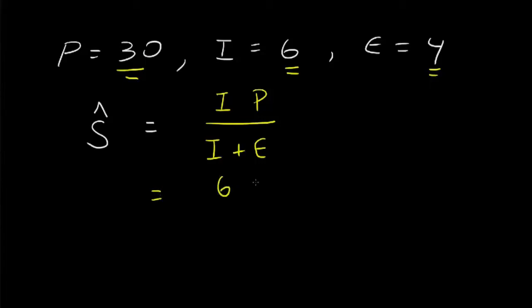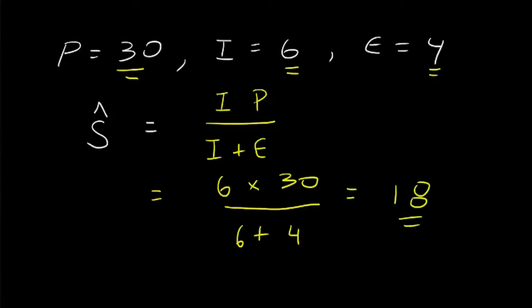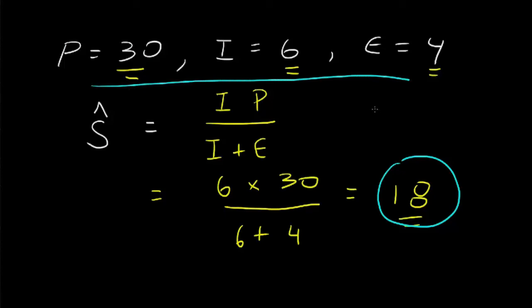That would give us 6 times 30 divided by 6 plus 4. And that ends up giving us a value of 180 in the numerator and 10 in the denominator, so 18. In other words, at equilibrium, given these conditions, we would expect a total of 18 species. So from one period to the next, we would expect 18 species.